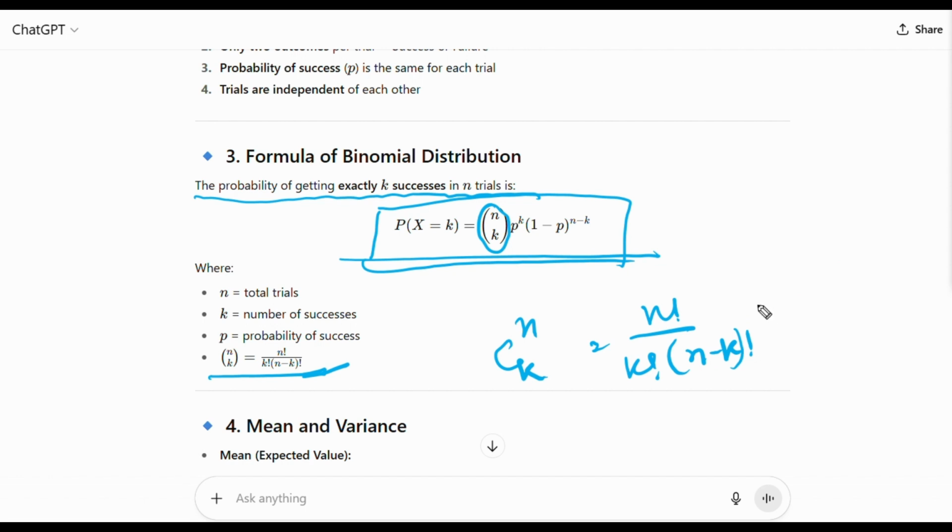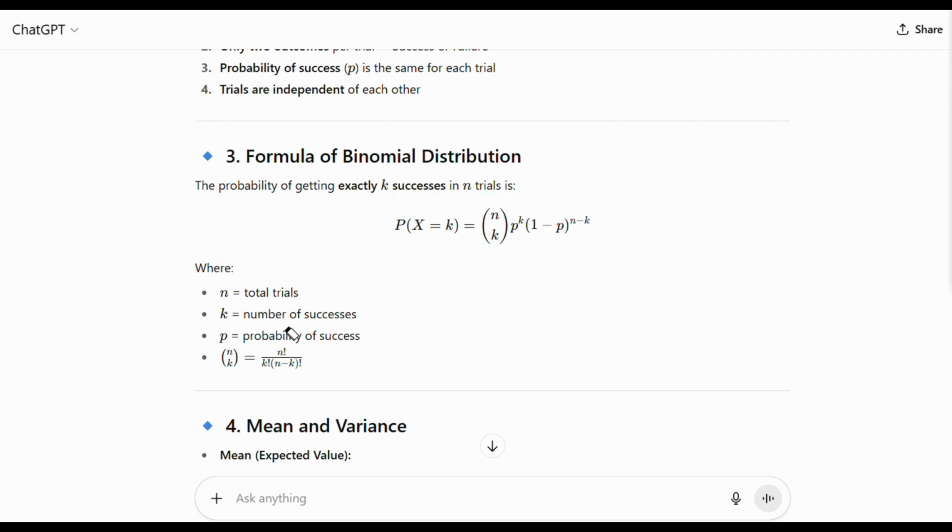Factorial is nothing but 1 into 2 into 3 into dot dot dot up to k. This is a very simple concept. We have gone through it in 11th or 12th in your syllabus.